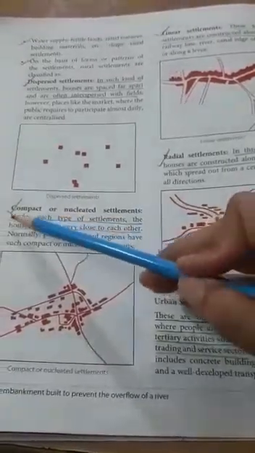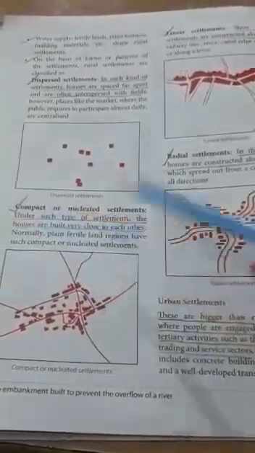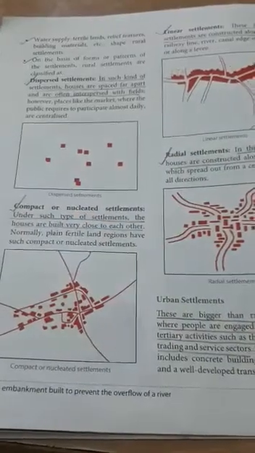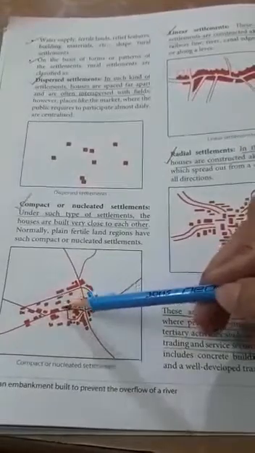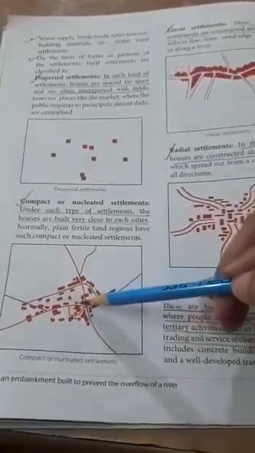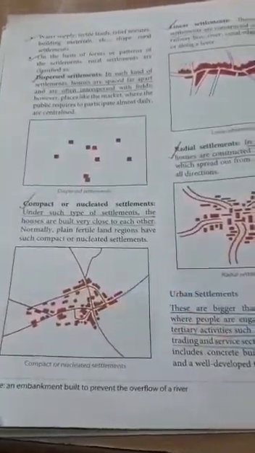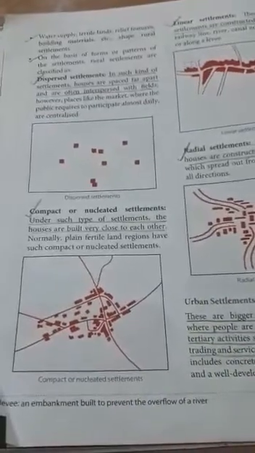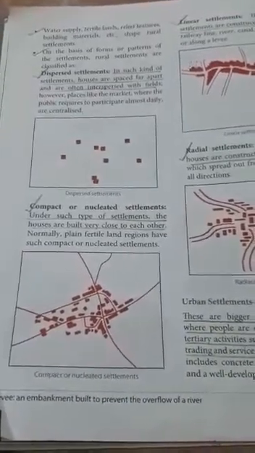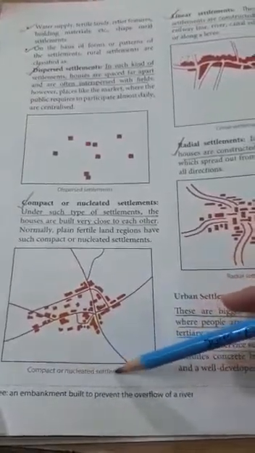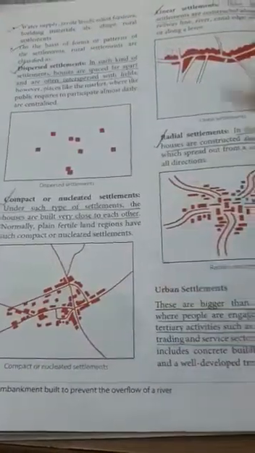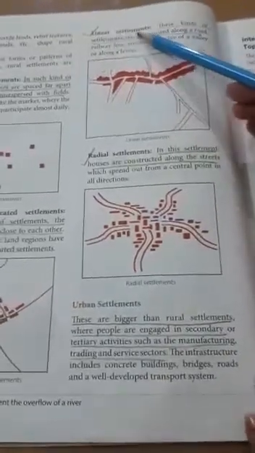Next one is the compact or nucleated settlement. For this kind of settlement, houses are built very close to each other. For instance, plain fertile land regions have this type of settlement, that is compact or nucleated settlements. Next is the linear settlement.